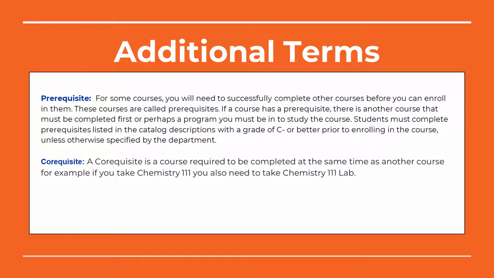There are 2 additional terms related to a bachelor and associate degree curriculum that you need to be aware of when selecting your courses: prerequisites and co-requisites. A prerequisite is a course that you need to successfully complete prior to enrolling in your next course. A great example is that in order to take calculus, Math 170, you first need to complete college algebra and college trigonometry, which is Math 143 and Math 144.